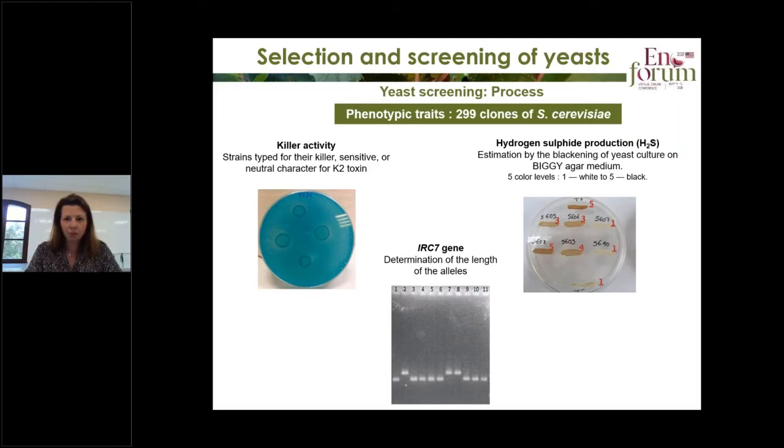Hydrogen sulfide production, which has an undesirable sulfurous flavor, was evaluated by using Biggy agar. The intensity of brown colony is proportional to the amount of hydrogen sulfide produced by the yeast. And the ERC7 gene tells us the ability of yeast to produce 4MMP, as said before by Han.